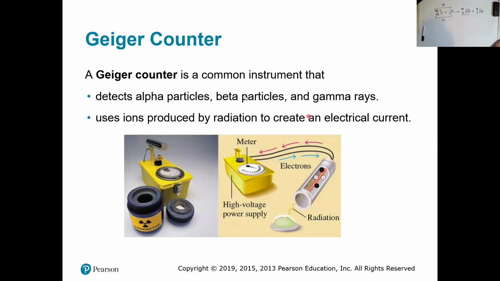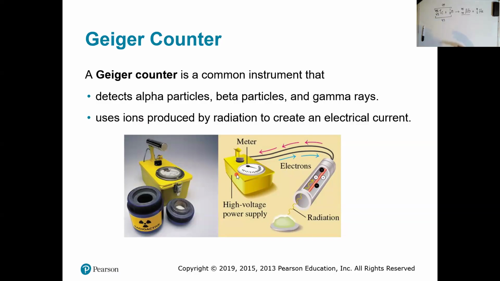Most every type of radiation detector is going to have something in it that's able to detect the ionized particles that are a product of radioactivity. Something like a Geiger counter, which is a really common type of detection for radioactivity, uses ions that are created by radiation to create an electrical current that will feed into the detector.